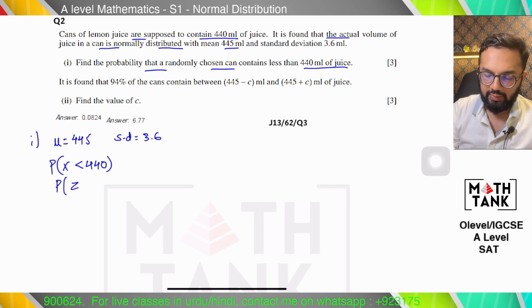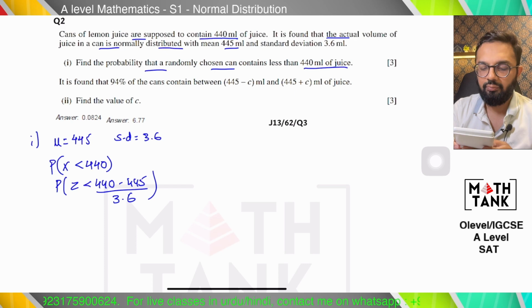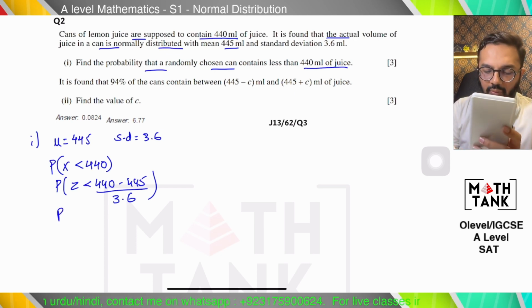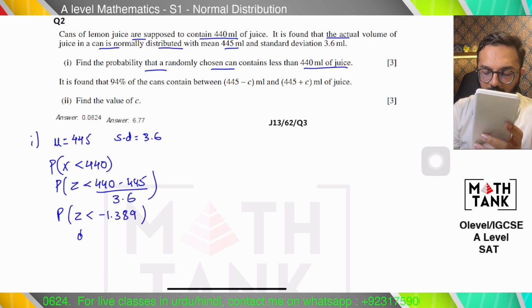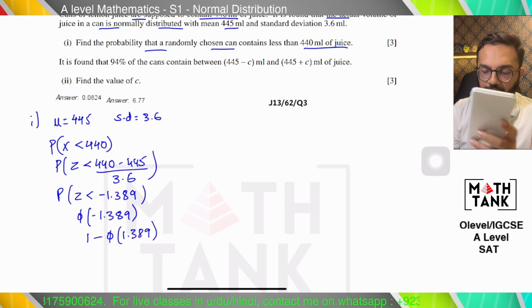So that's Z less than 440 minus 445 divided by 3.6, which is phi of minus 1.389, or 1 minus phi of 1.389.